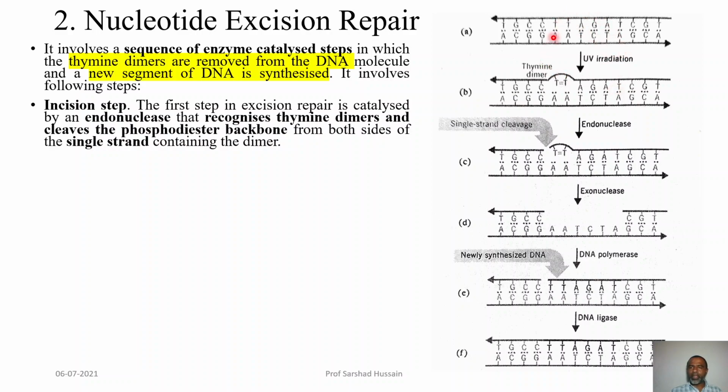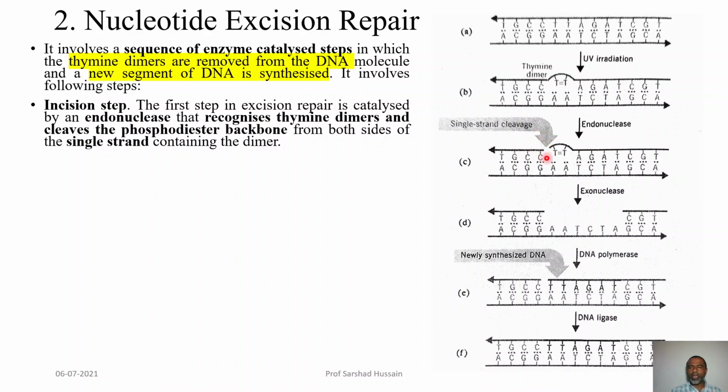When the DNA is damaged by UV radiation, say for example a thymine dimer is there, then endonucleases are the enzymes which recognize this thymine dimer, bind to it, and then cleave, they make a cut in the strand of the DNA. That means they will break the phosphodiester backbone.